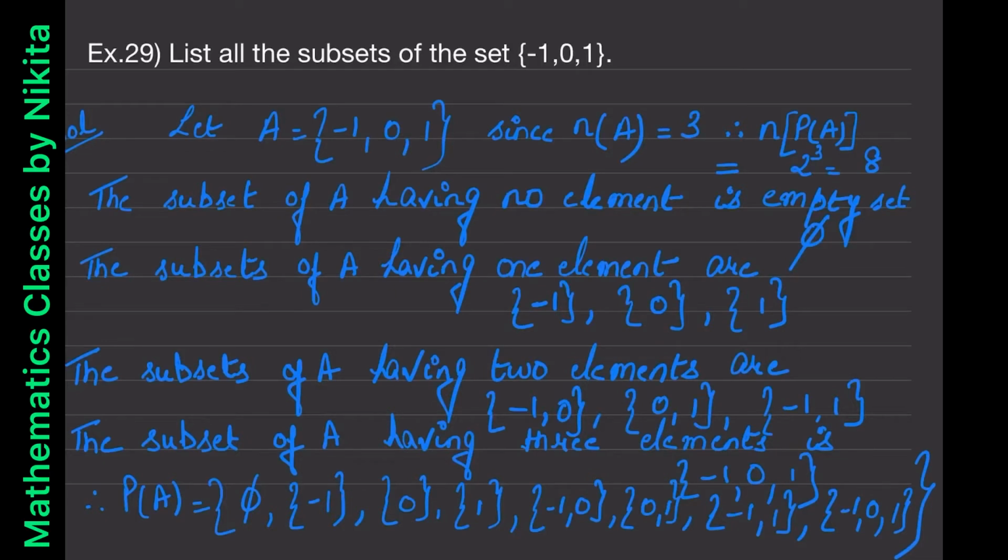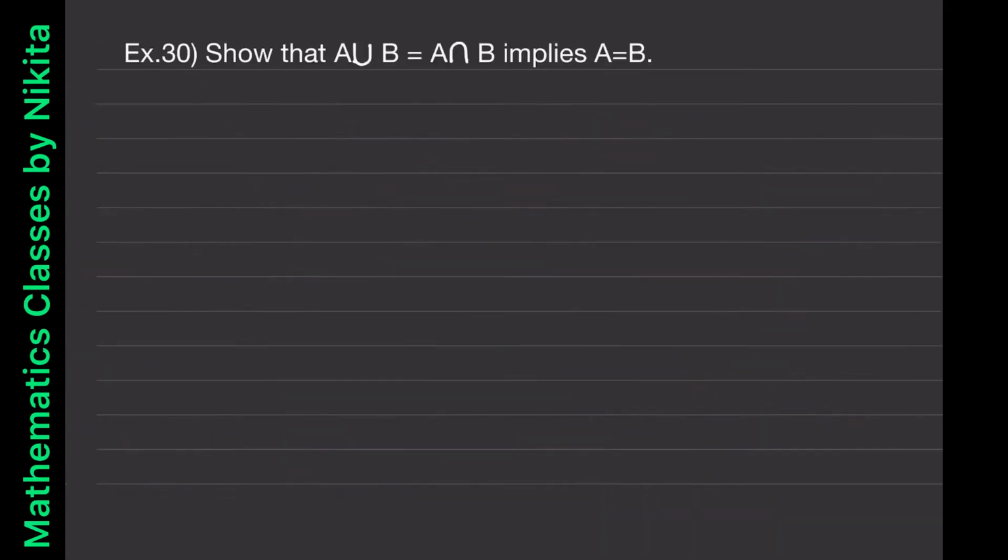So this is your power set of A. So you can see that it has 8 elements: 1, 2, 3, 4, 5, 6, 7, 8. Okay, got it? Next we have example number 30. It says: show that A union B is equal to A intersection B implies A is equal to B.